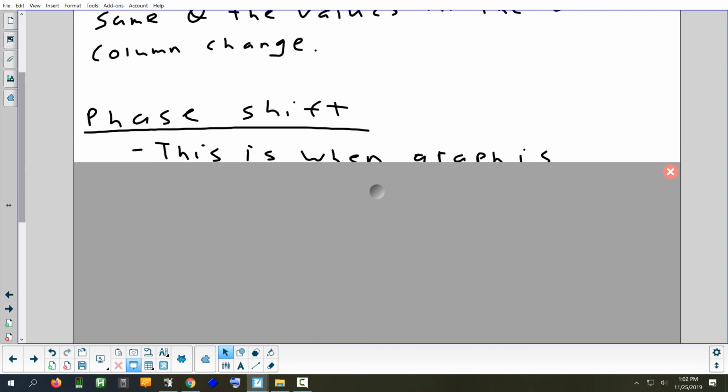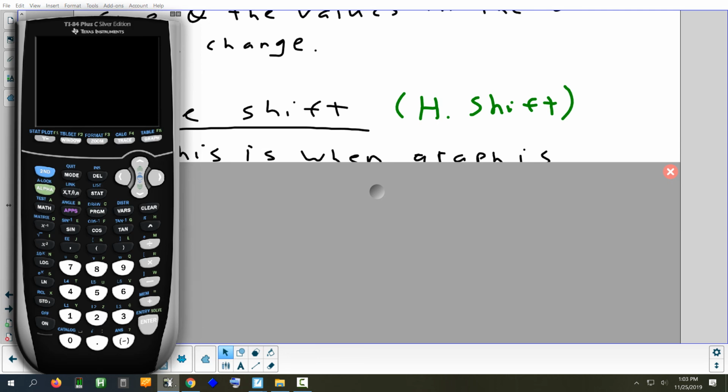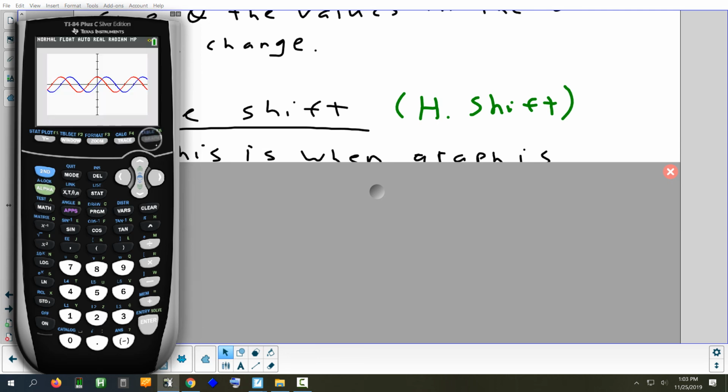All right, so phase shift. We normally don't call it that when we do other functions, but what this means is horizontal shift. That's what it is. So if you wanted to describe these two graphs, you would say that they are out of phase by 90 degrees.